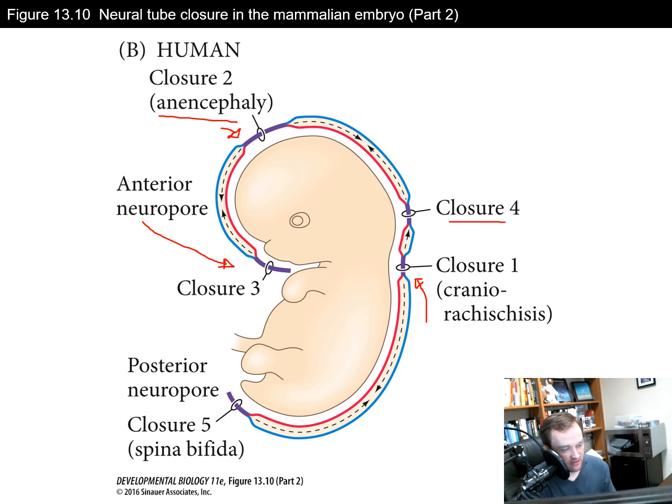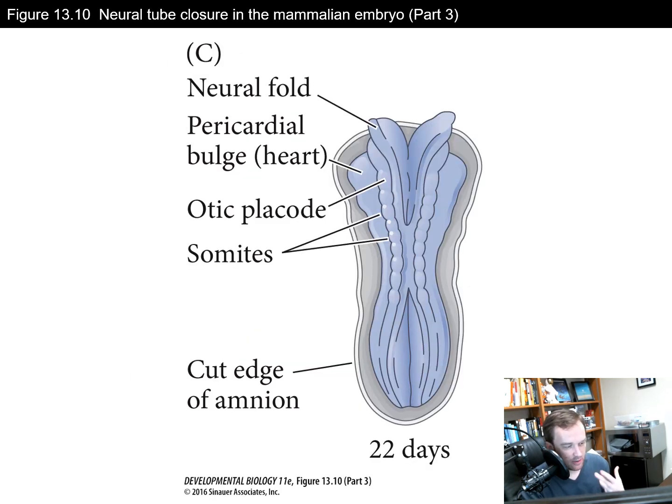So it's just above that cranio-ranchis closure point, and it proceeds only in the anterior direction from there. Here we have a close-up of one of these closures, and as you can see, this is an example in these mammalian systems where the closure point happens at the middle, and both the posterior and the anterior neuropore are open.